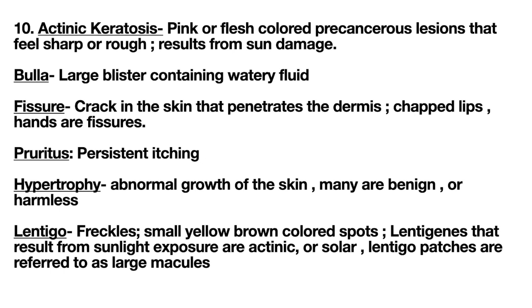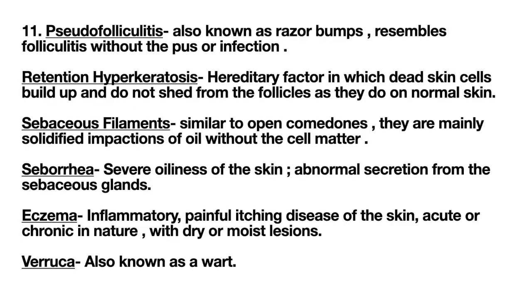Lentigo. Freckles, small yellow-brown colored spots. Lentigines that result from sunlight exposure are actinic or solar. Lentigo patches are referred to as large macules. Pseudofolliculitis, also known as razor bumps, resembles folliculitis but without the pus or infection.